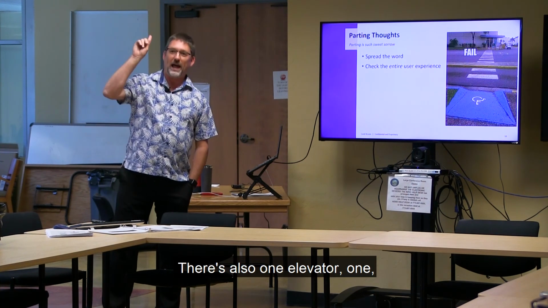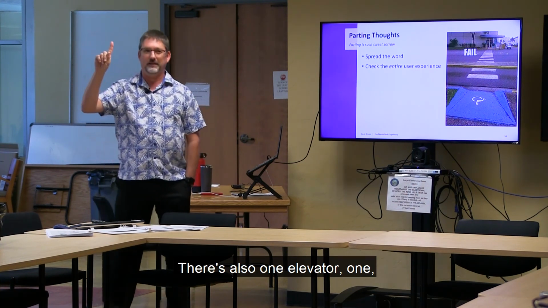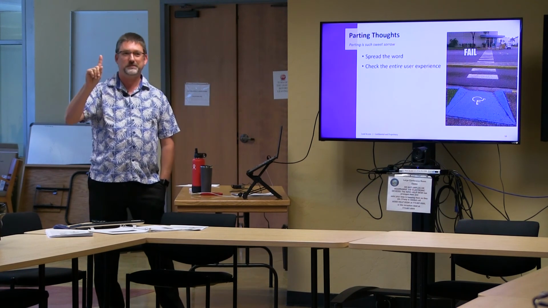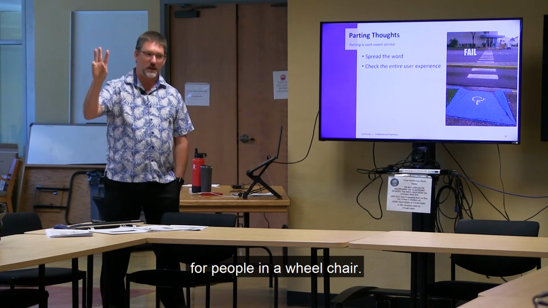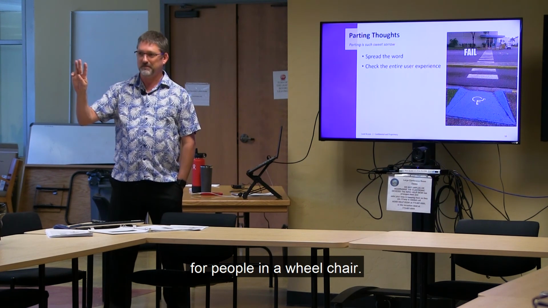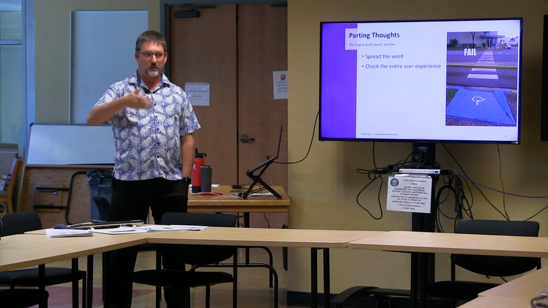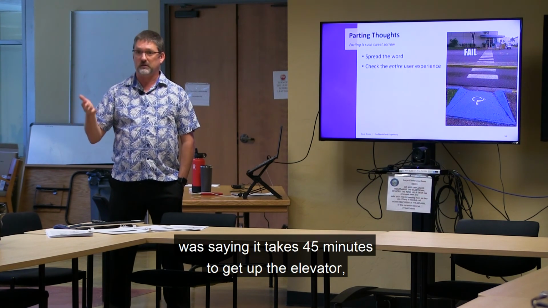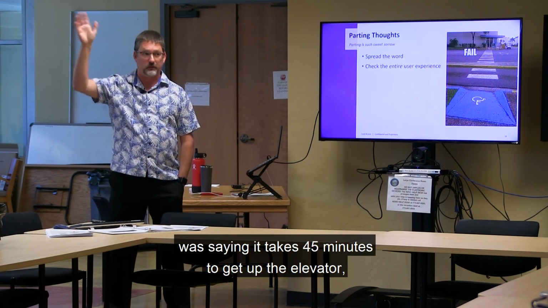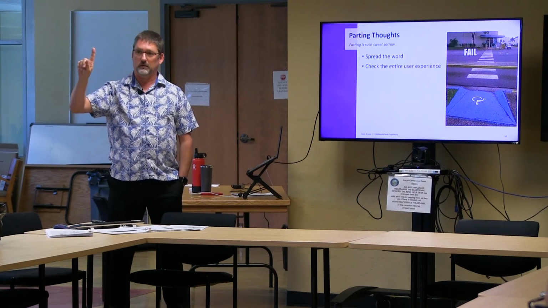There's also one elevator, one, for the skyboxes, for the caterers, for people in a wheelchair. One of the people who was in a wheelchair was saying it takes 45 minutes to get up the elevator because there's only one elevator.